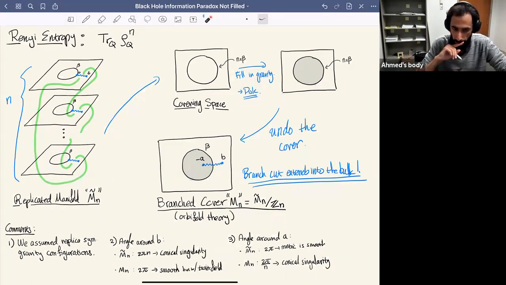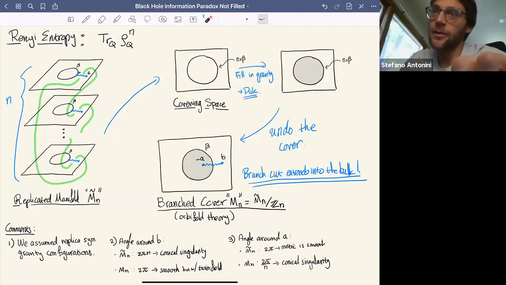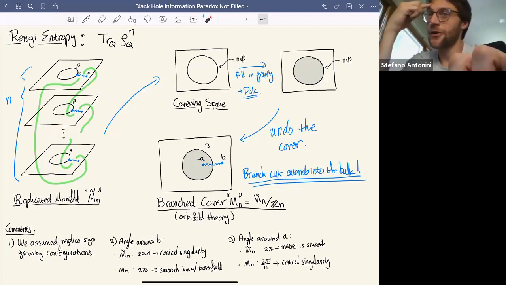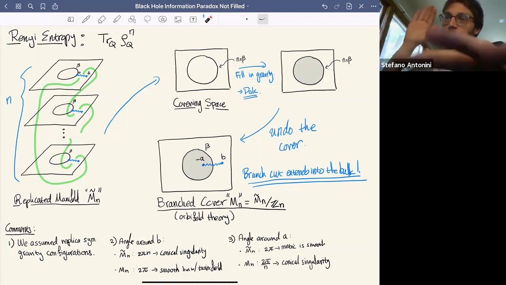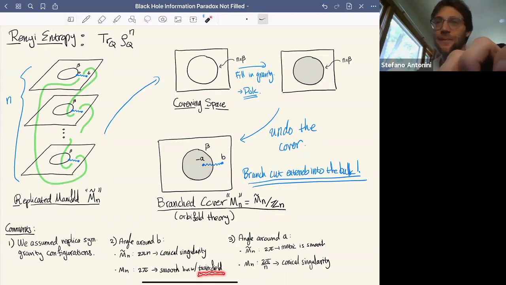So you actually have n copies of that manifold, next to each other, and that branch cut tells you how to go from one to the other? Yes, you can think of it like that. But then why don't you have a conical singularity around B? Well, I'm just replacing the notion of a conical singularity at B by saying you have an operator at B, which is this twist field. That's why I said this might be a semantics thing. Okay, that makes sense. Thank you.